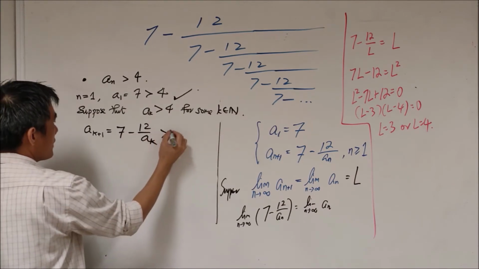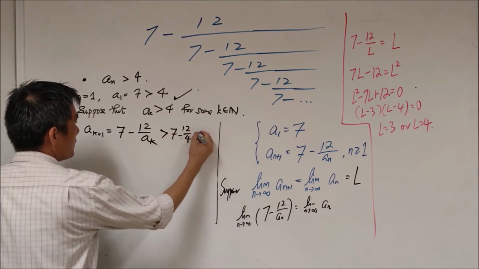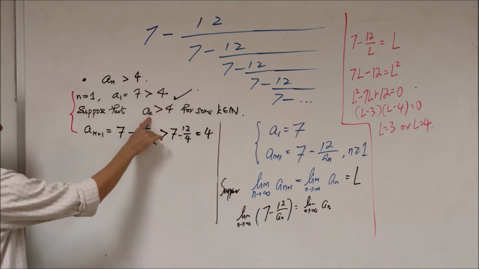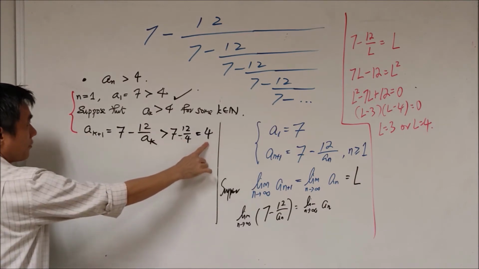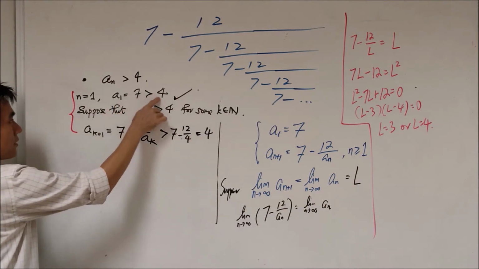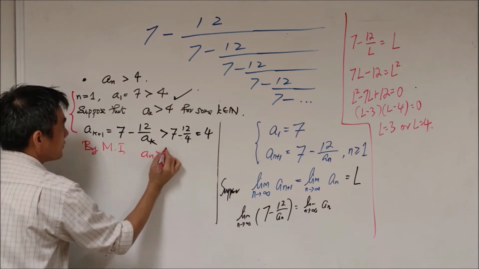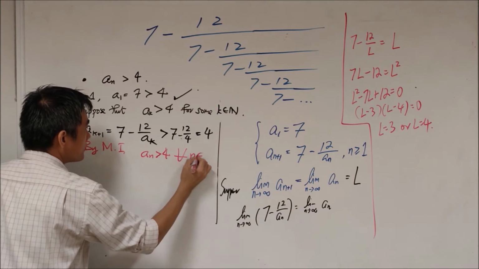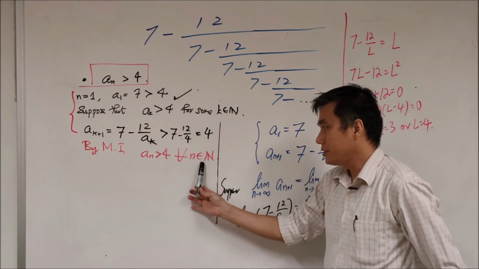This will be greater than 7 minus 12 over 4, and this is exactly equal to 4. So Ak greater than 4 implies that Ak plus 1 is greater than 4. Since A1 is greater than 4, by mathematical induction, An is greater than 4 for all positive integers n.